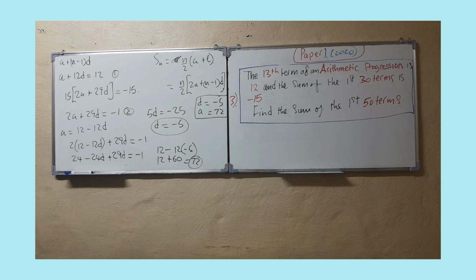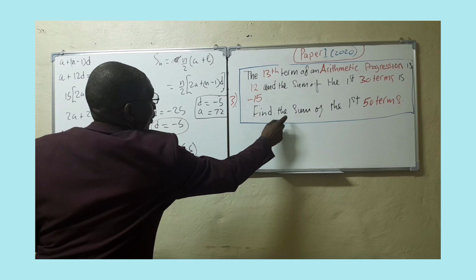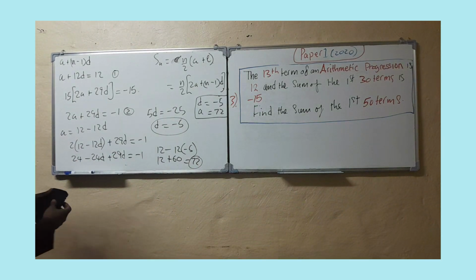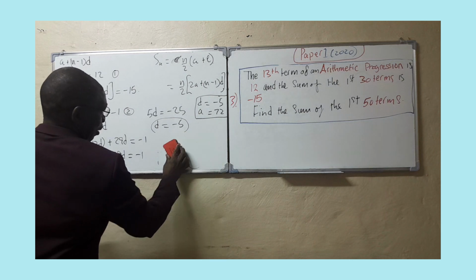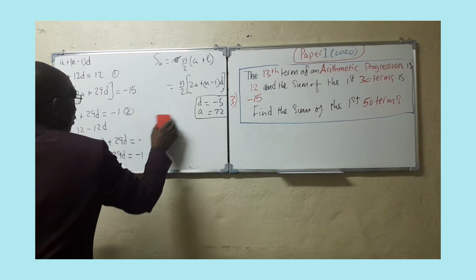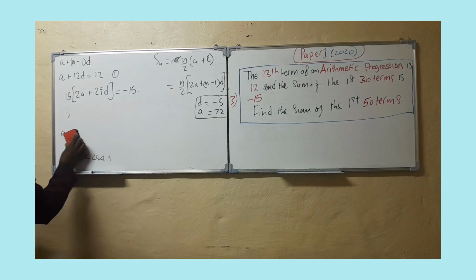Now, our objective is to find the first 50 terms. Okay, now that we've got our d, we've got our a, we can very comfortably use that formula there.